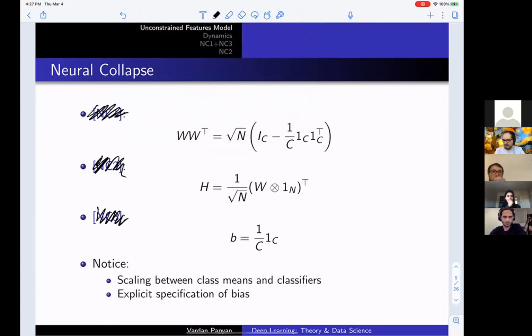Yes, Jack says that this means a simplex ETF. So any matrix that satisfies the property that A transpose A is equal to some scalar times identity minus 1 transpose over C is in fact a simplex ETF, right? So the first equation says that W is a simplex ETF. This is what we originally called NC2.